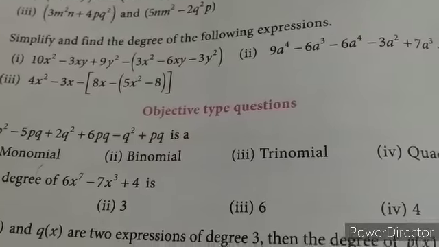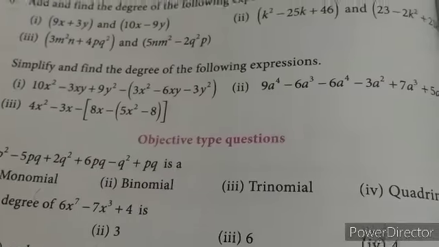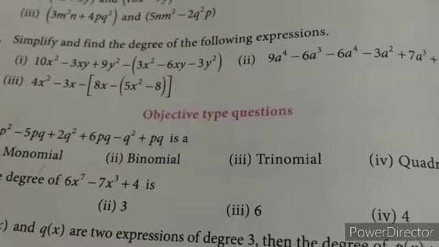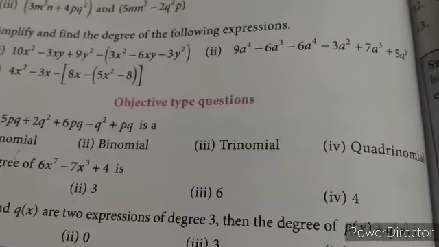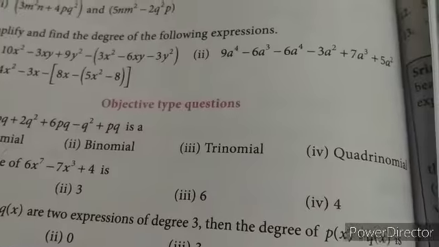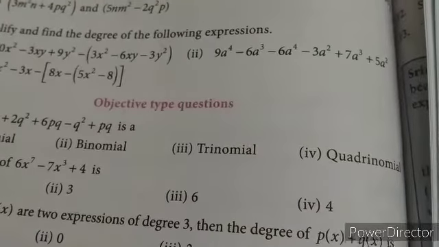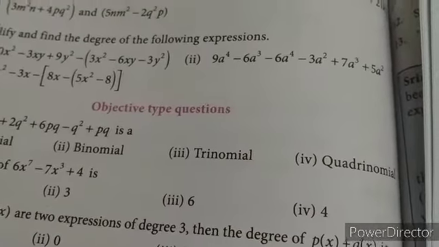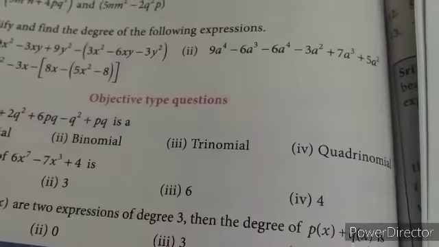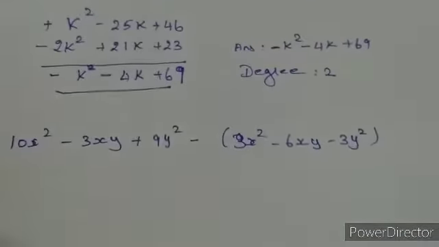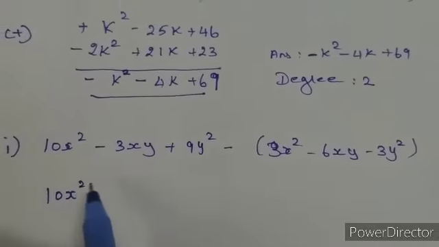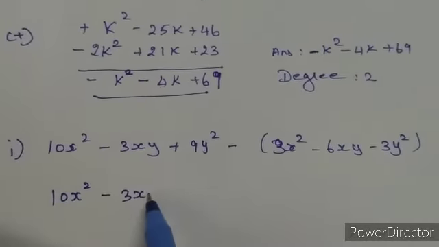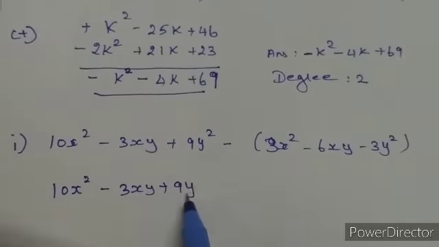Yes. Coming to question number 7, you have to simplify and find the degree of the following expression. Question number 7, what is given in first subdivision? 10x square minus 3xy plus 9y square minus 3x square minus 6xy minus 3y square.